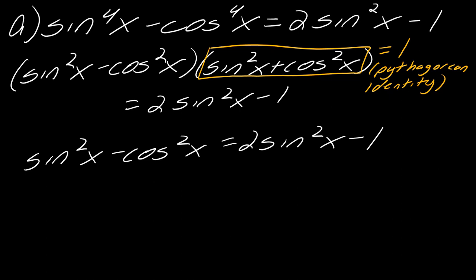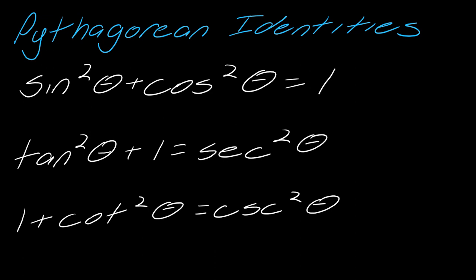Okay, so now we have to think through how else we can rewrite this. Well, again, if I go back to my Pythagorean identity, I could solve this Pythagorean identity for cosine squared x, or for cosine squared theta.